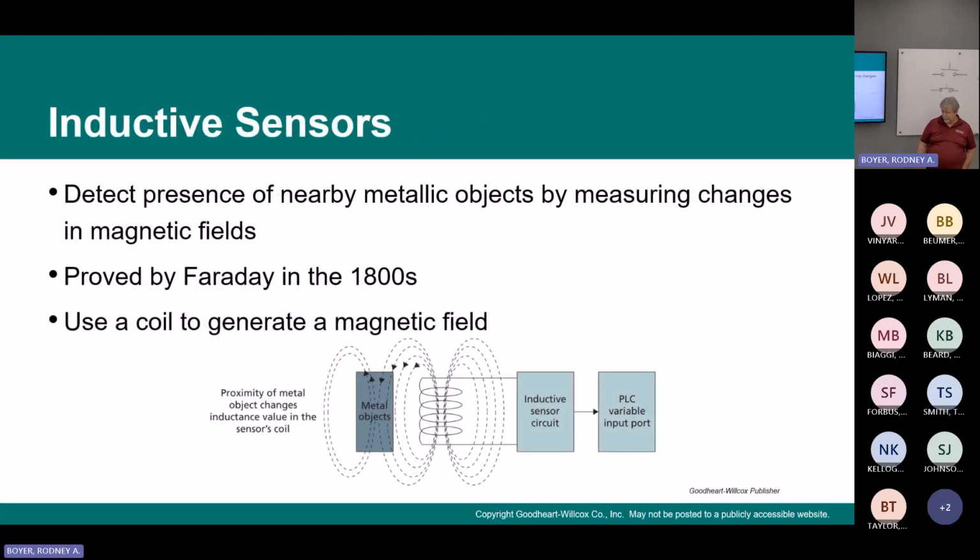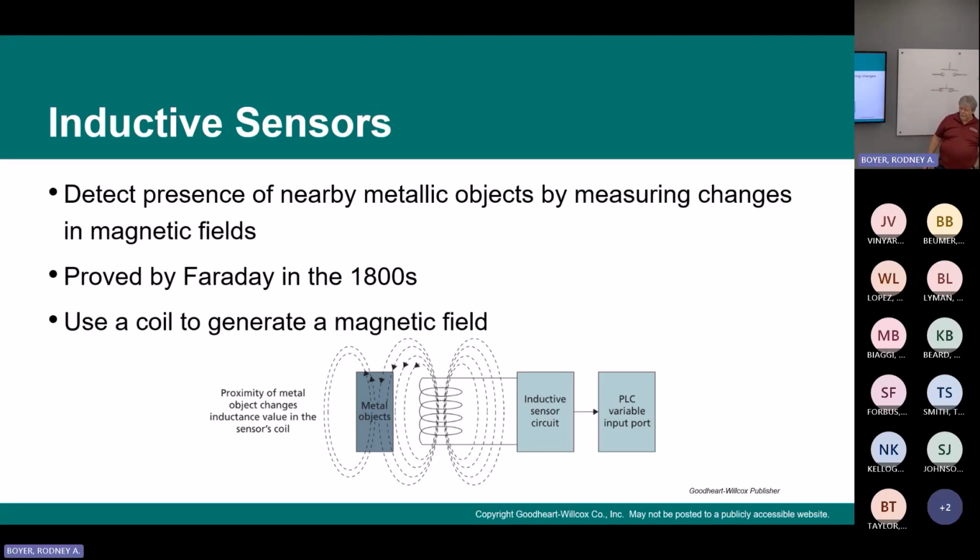Inductive sensors detect the presence of nearby metallic objects by measuring changes in magnetic fields. The inductive sensor generates a magnetic field at a specific intensity, and then when you get a metallic object close to it, it changes the shape and therefore the intensity of the magnetic field.